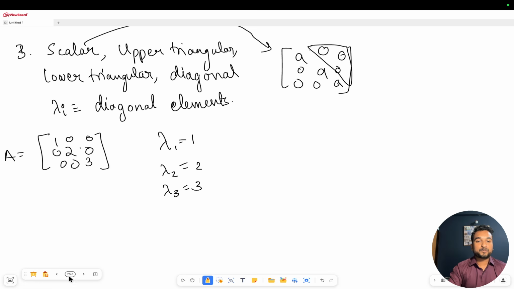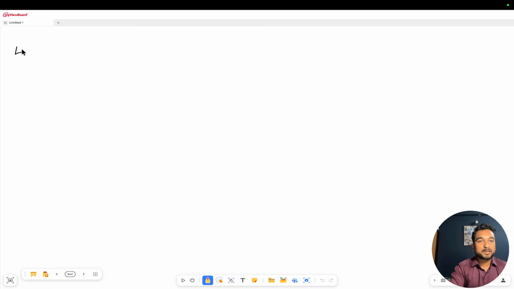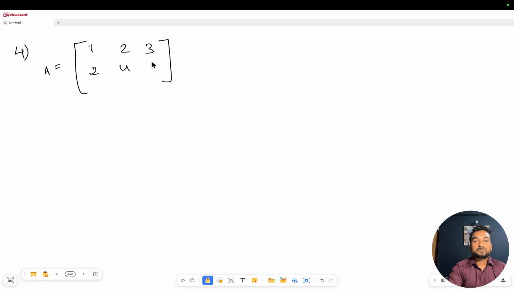And the fourth property, one more property: if you have a matrix such that, for example, I will take 1 2 3. The next row will be some scalar multiple of the first row. That is, if I multiply it by 2, you get 1 into 2 is 2, 2 into 2 is 4, 3 into 2 is 6.